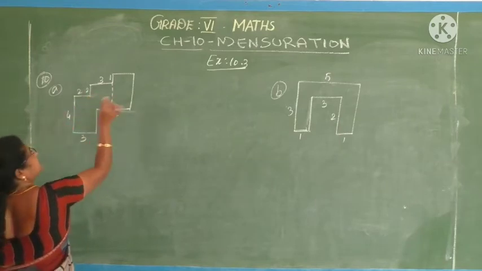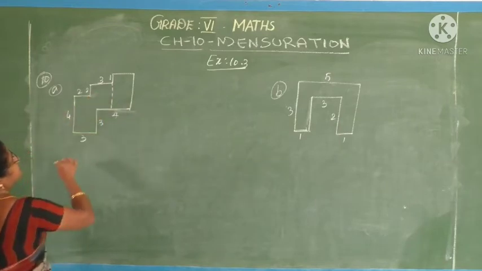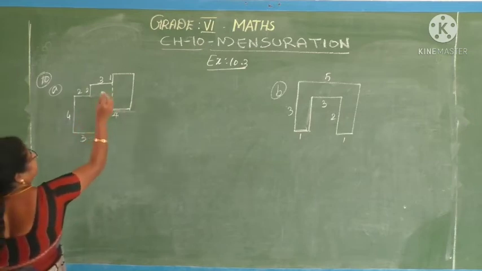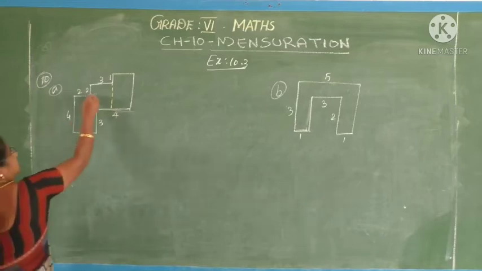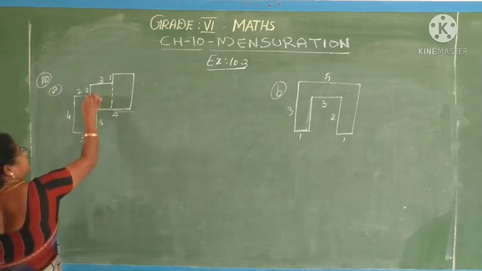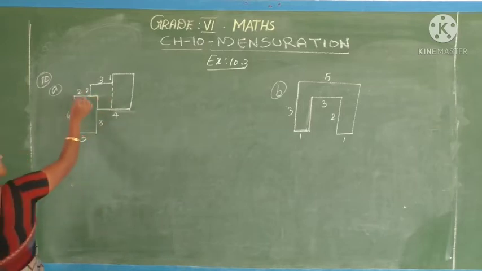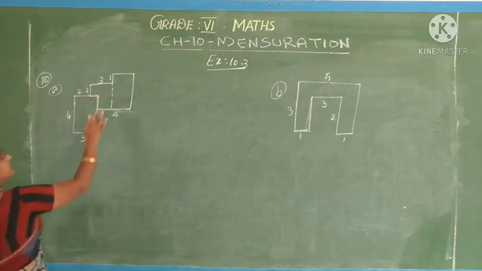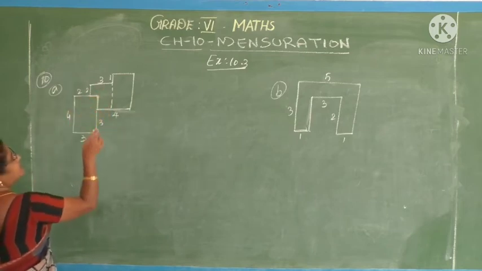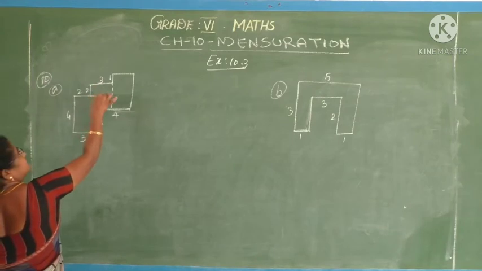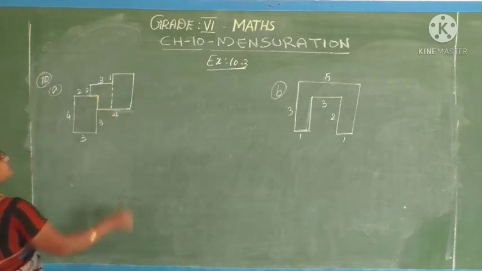From here we can split, after that we can make a line, so you get one rectangle. This is not a rectangle, so we can split likewise, 3 centimeter, 2 centimeter.